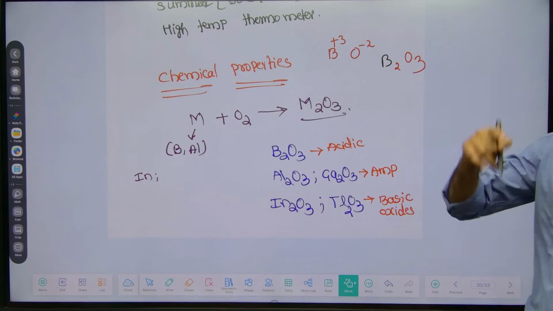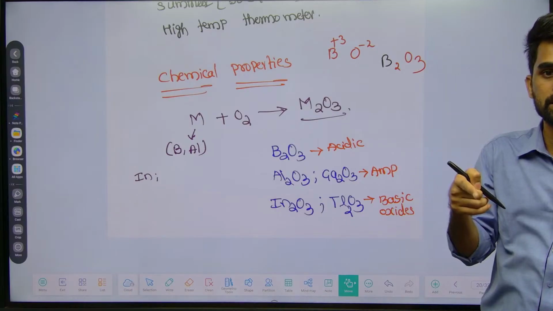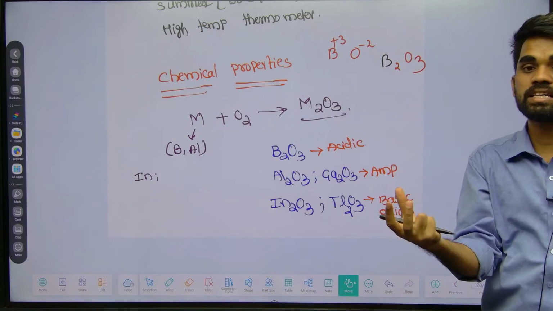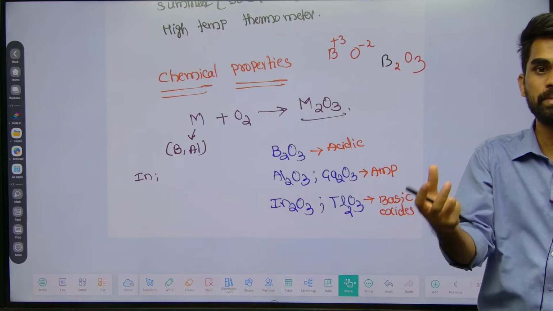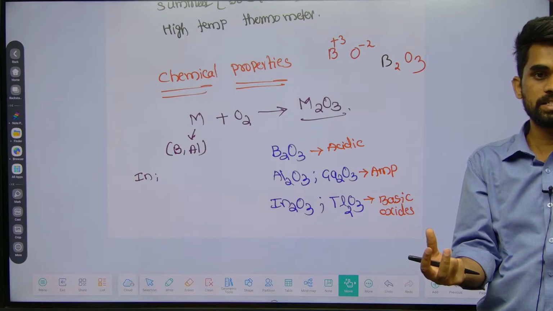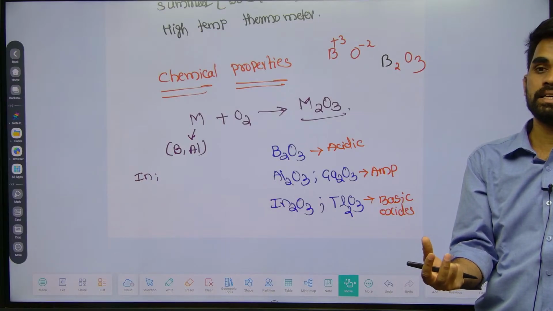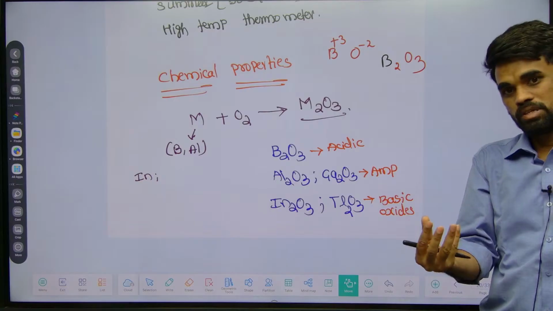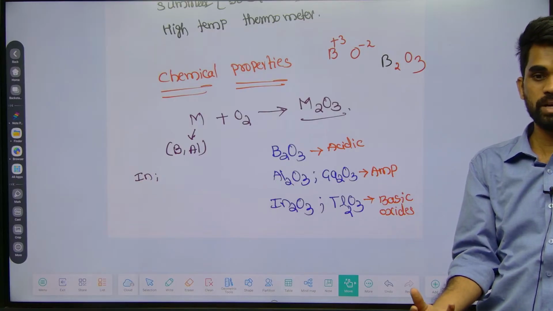Now down the group, what happens to metallic nature we discussed? Increases. Metal oxides are basic in nature. Non-metal oxides are acidic in nature. Remember, top oxides acidic, bottom oxides basic, because they are metals.